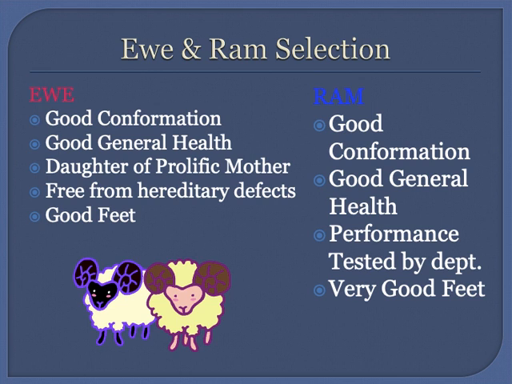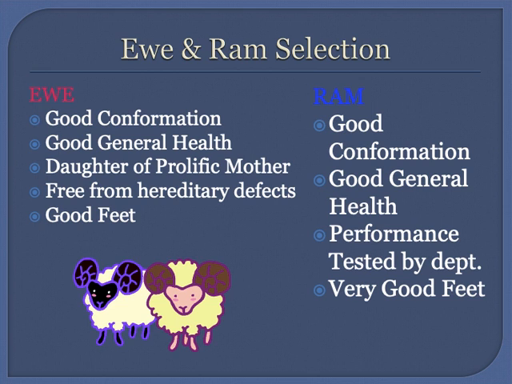You want a good BCS as well. You want it to be 3.5 at mating, and good healthy looking udders as well. You generally want them to be free from hereditary defects, and definitely you want them to have good feet. Looking over the ram then, a lot of it is similar.